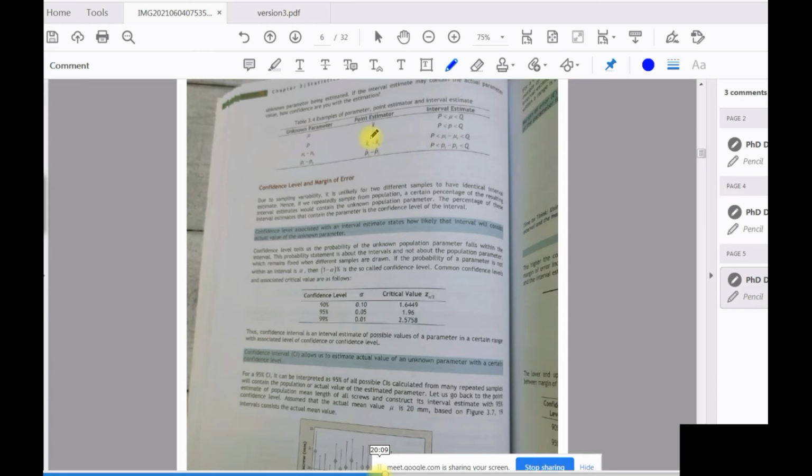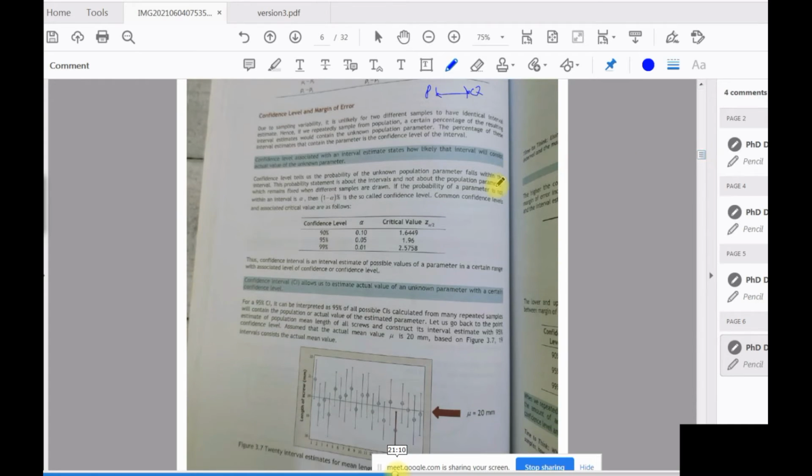For interval, we have the notation of less than or equal, less than, meaning here there is an interval estimation. Okay, confidence level and margin of error. In this example, if we have p and q, every point between p and q is our interval estimation point.